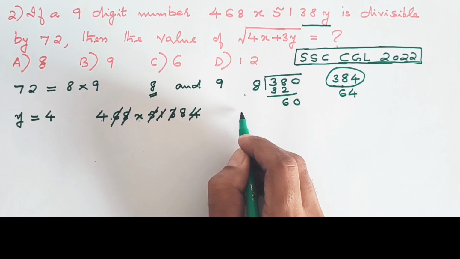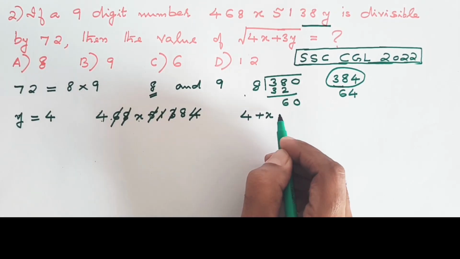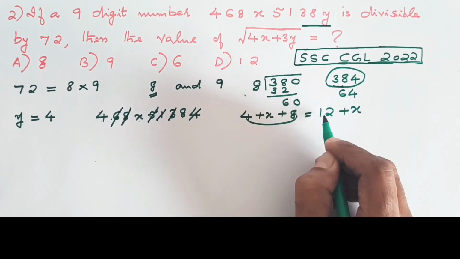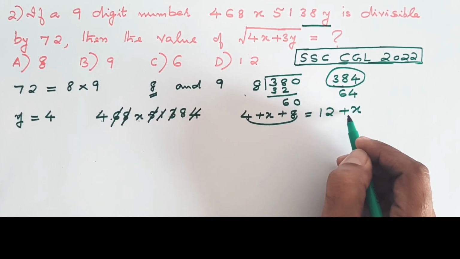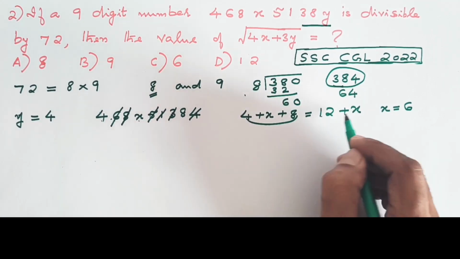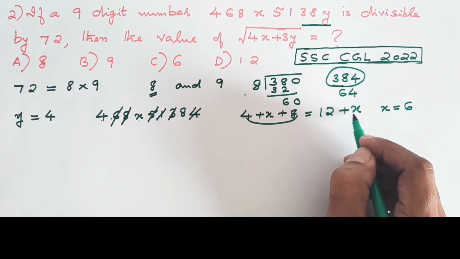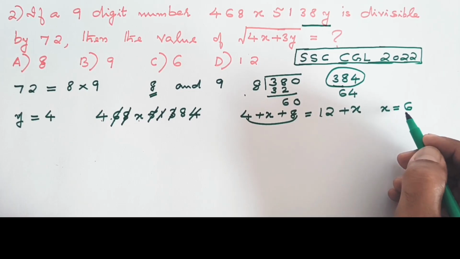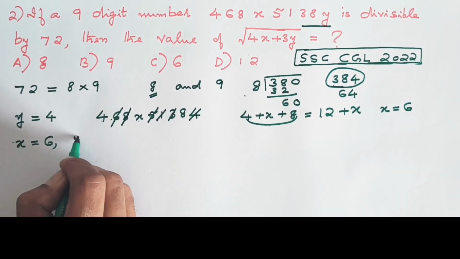Take the sum of these three numbers. 4 plus x plus 8, which is 12 plus x. And for this number to be divisible by 9, the value of x is 6. Because 12 plus 6 is 18, which is divisible by 9. So we got the value of x also. So x is equal to 6, y is equal to 4.